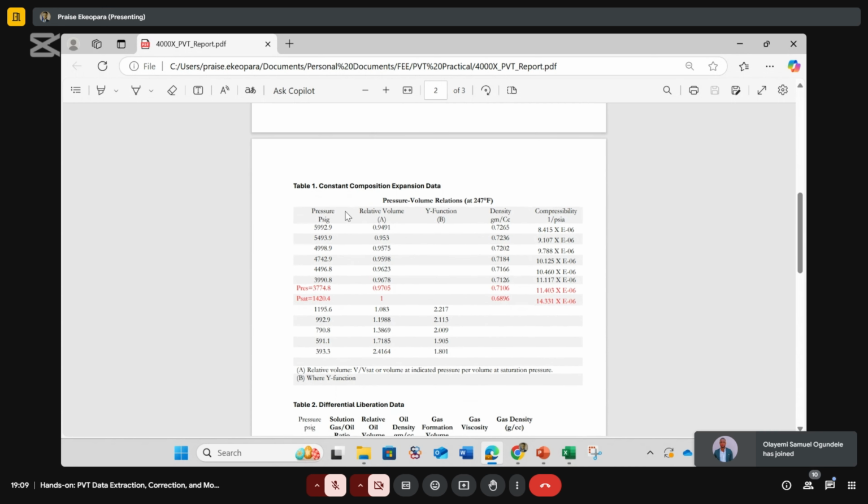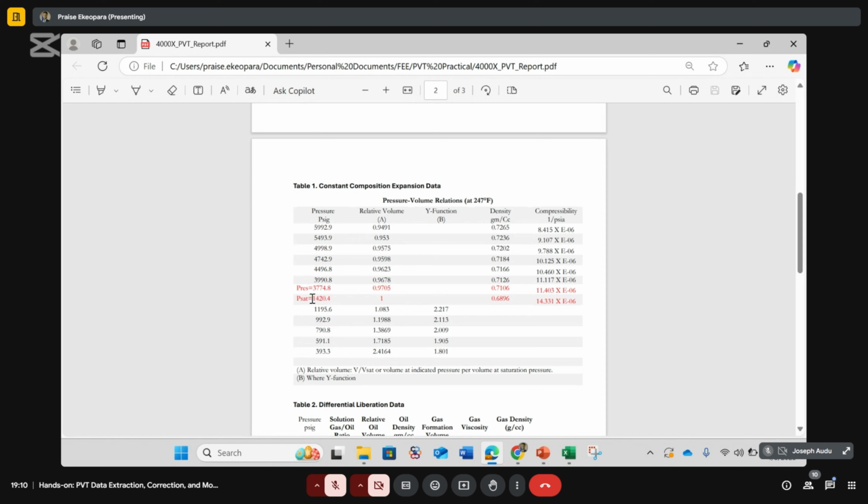For the first experiment, which is captured in table one, we have the constant composition expansion data. This data is usually made up of the pressure, the relative volume, the Y function, the density, and the compressibility. All these are results from the experiment that has been done.